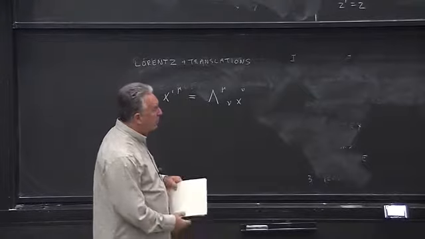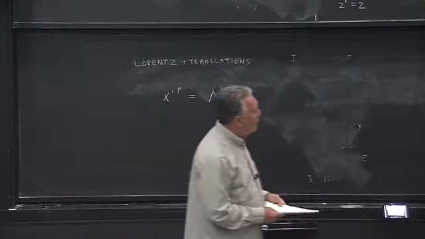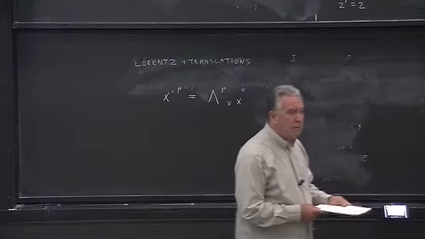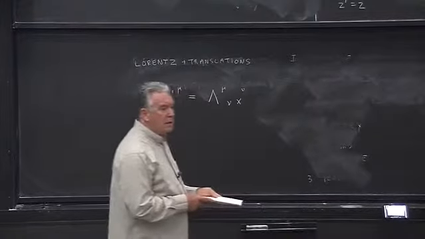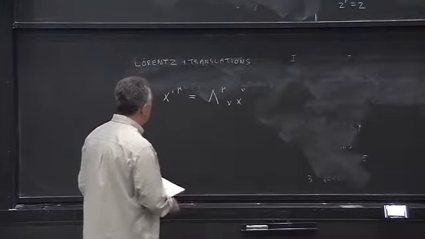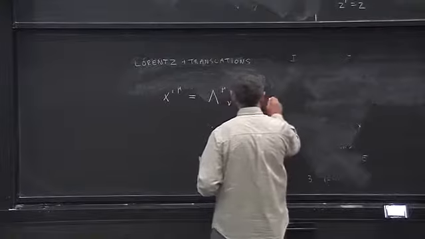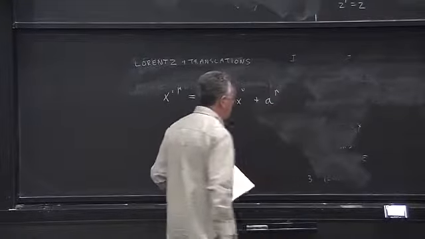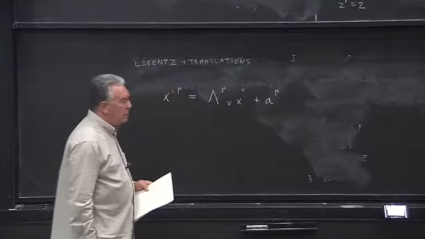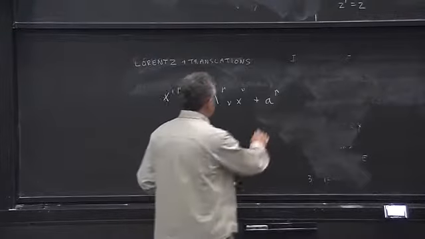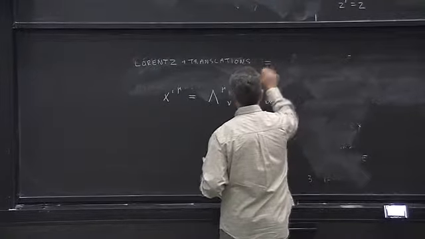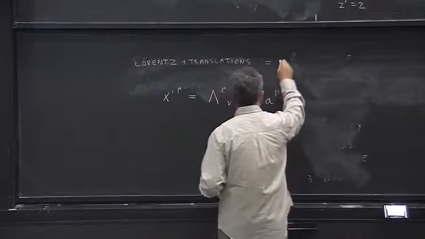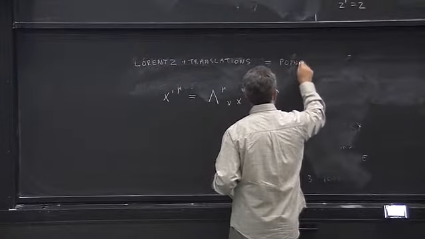Lorentz transformations leave invariant that line element, but there's a more general set of transformations which leave it invariant. I can also add a constant term, a mu. And if I combine the Lorentz transformations and the constant term, these are known as Poincare transformations.